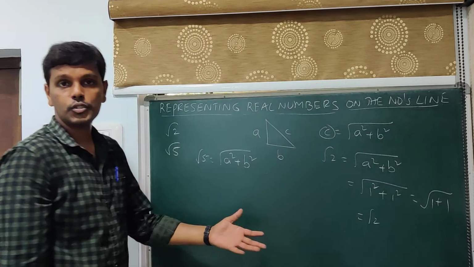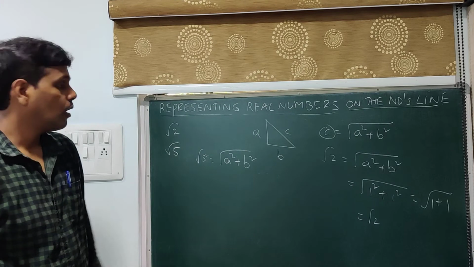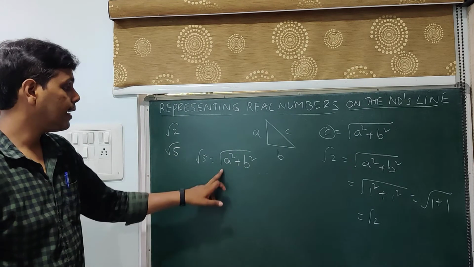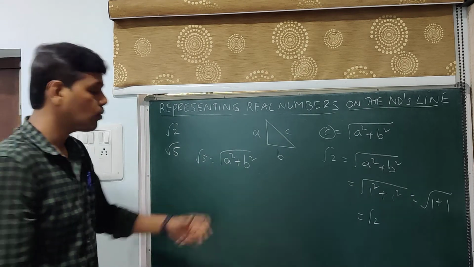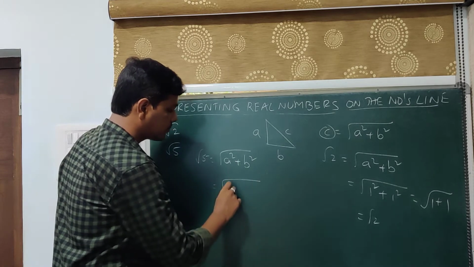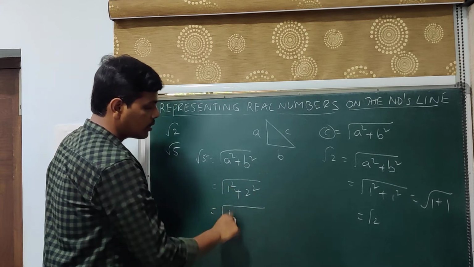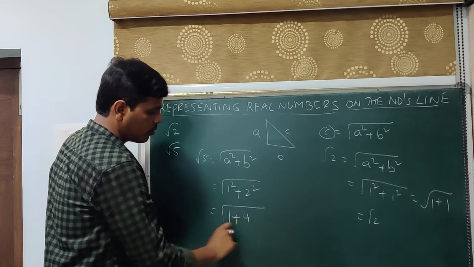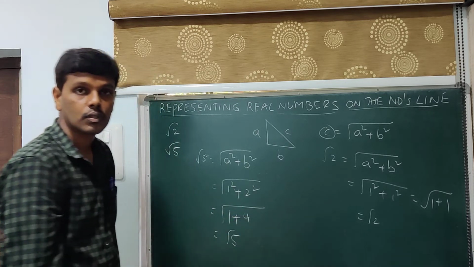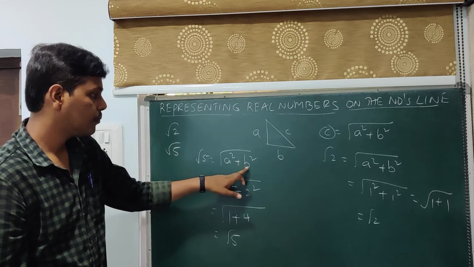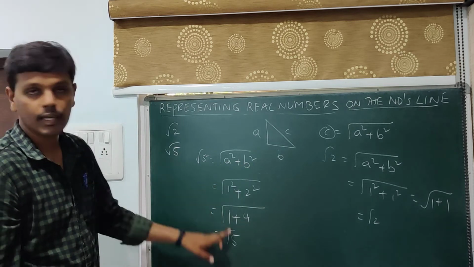So A and B should not be 1 and 1. Say A as 1, B as 2. We'll see what happens. 1 square is 1, 2 square is 4, root 5. Yes. So we can have A as 1, B as 2, so that you will arrive at root 5.